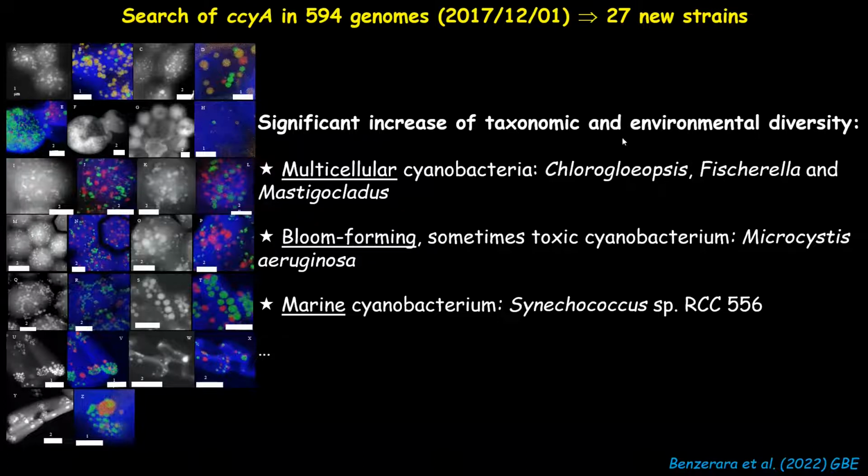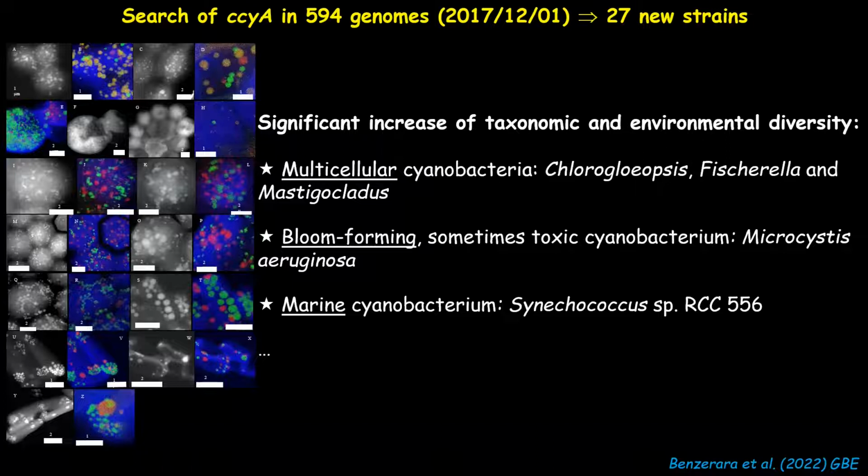And that was really nice, because those cyanobacteria come from everywhere around the world. Some of them we discovered are multicellular cyanobacteria. So a bacterium is usually a single cell, but in cyanobacteria, some of them are really attached to each other and form filaments. And sometimes even those filaments are branching. So it's pretty complex.